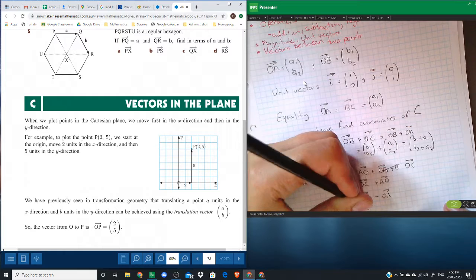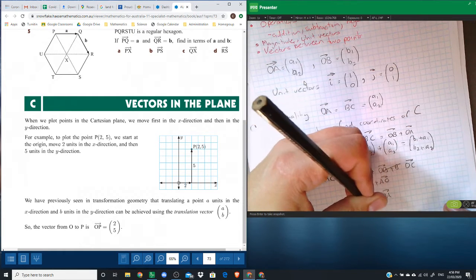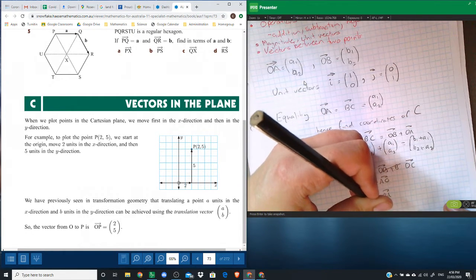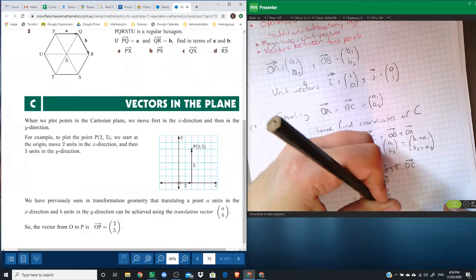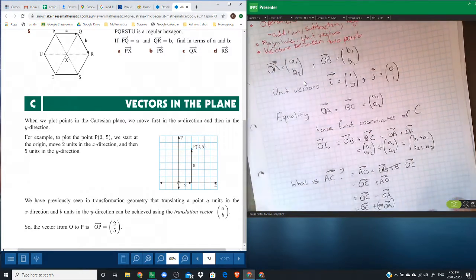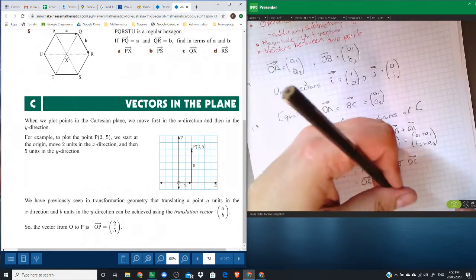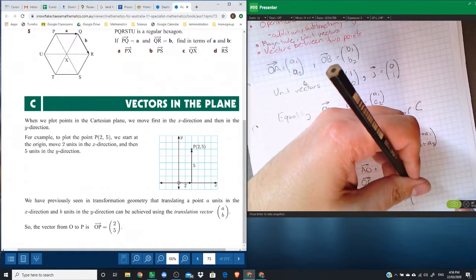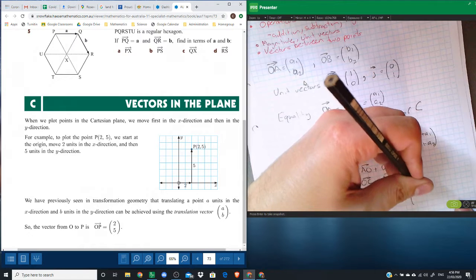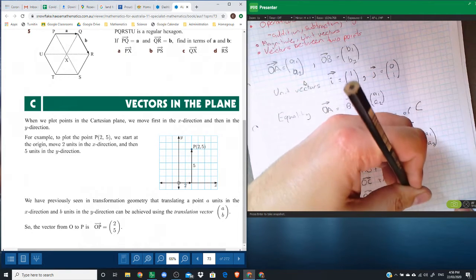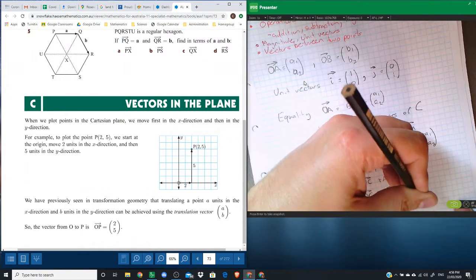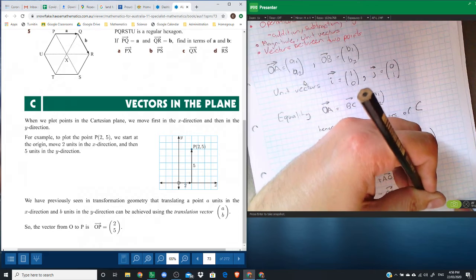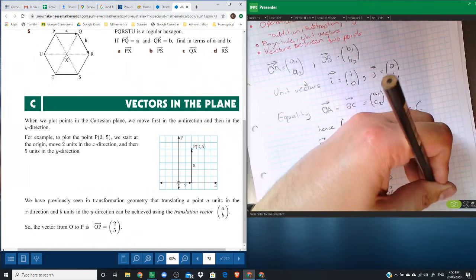Last logical step before we move on. Remember that I'm just going to do the negative of OA, which would be B1 plus A1, B2 plus A2, plus.